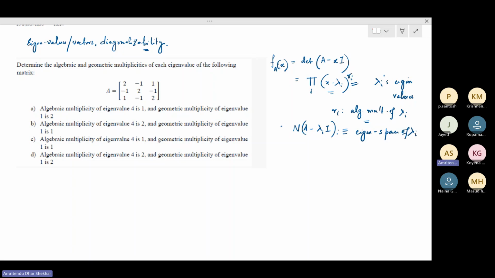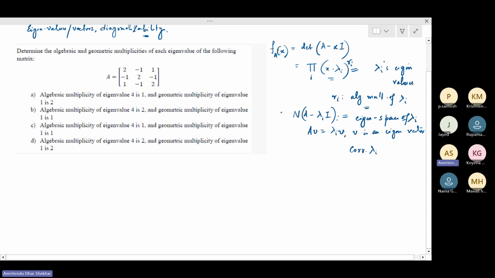Essentially, it's the space of all the eigenvectors corresponding to lambda_i. That means Av is equal to lambda times v, where v is an eigenvector corresponding to lambda. Now the nullity of this operator, or equivalently the dimension of this eigenspace.